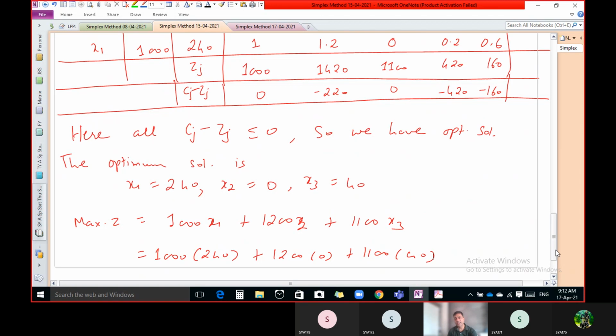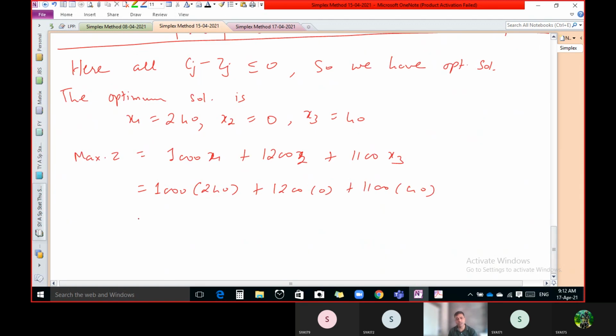So that is the highest value of z according to the restrictions. So this becomes 2,40,000 plus 0, and here we get 44,000. So ultimately my answer is 2,84,000. So that is the maximum value of z.